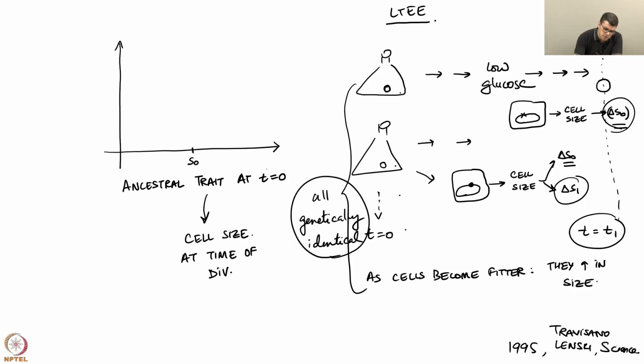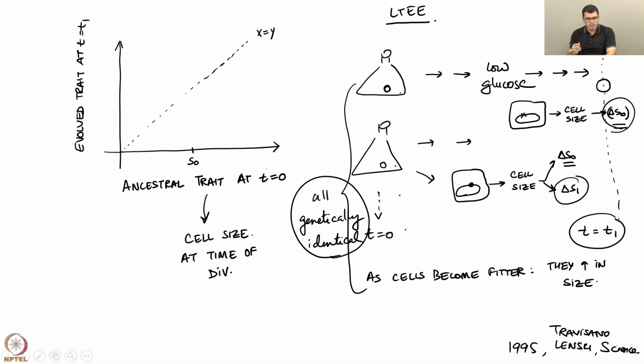So anyway, let's go back to this experiment. This line here is simply just the x equal to y line, and on the y axis we plot, not ancestral, let me rewrite that, we plot evolved trait at t equal to t1.